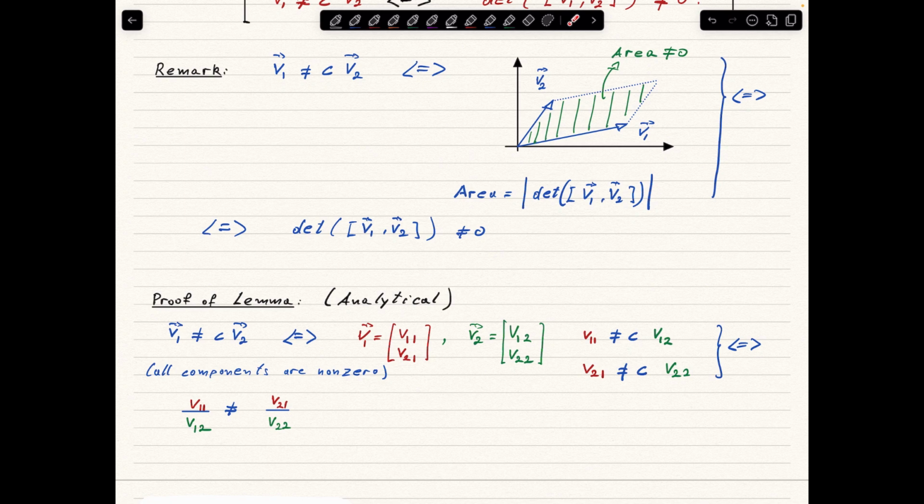Okay, but that's it. We are almost there. This is equivalent to saying, what happens if we multiply now by V22 and then by V11.